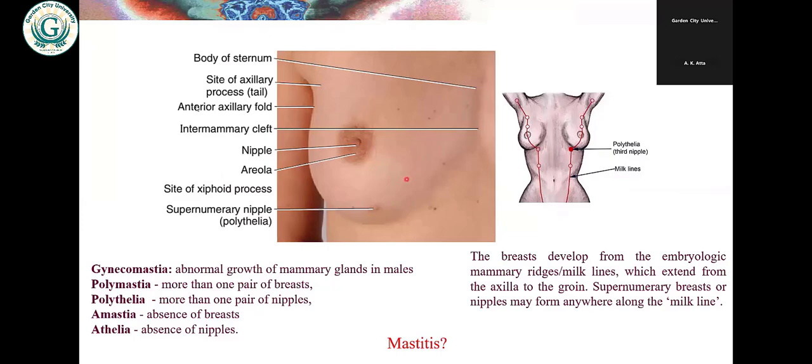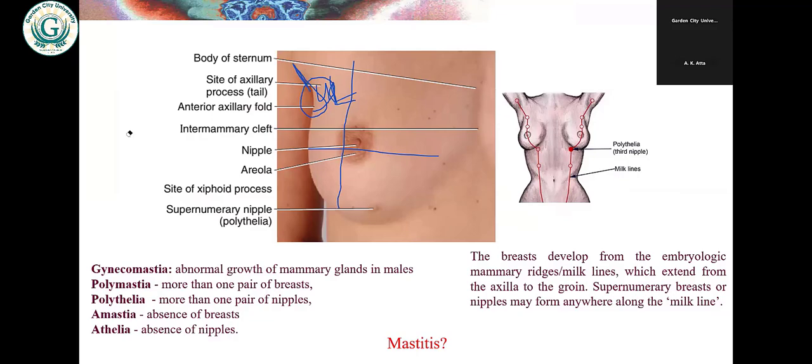If you look at this one here, you realize that the breast can be divided into four quadrants. So there's an upper lateral quadrant. In the upper lateral quadrant, there's a part that extends into the armpit.